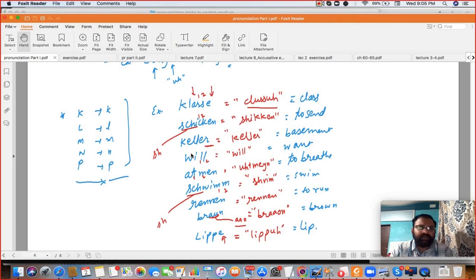Will. Outman. Swim. And next, Rennen. Brown. Lippa. Rennen, Brown and Lippa.